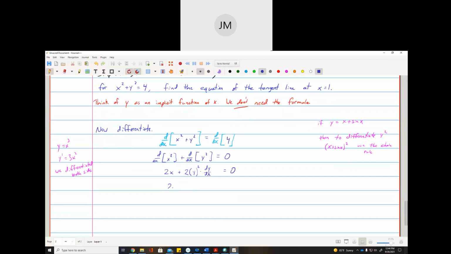So then I have 2x plus 2y times dy dx equals 0. And the goal of my problem, I want to find the equation of the tangent line, so I want the derivative. Well, this piece here is the derivative of y.